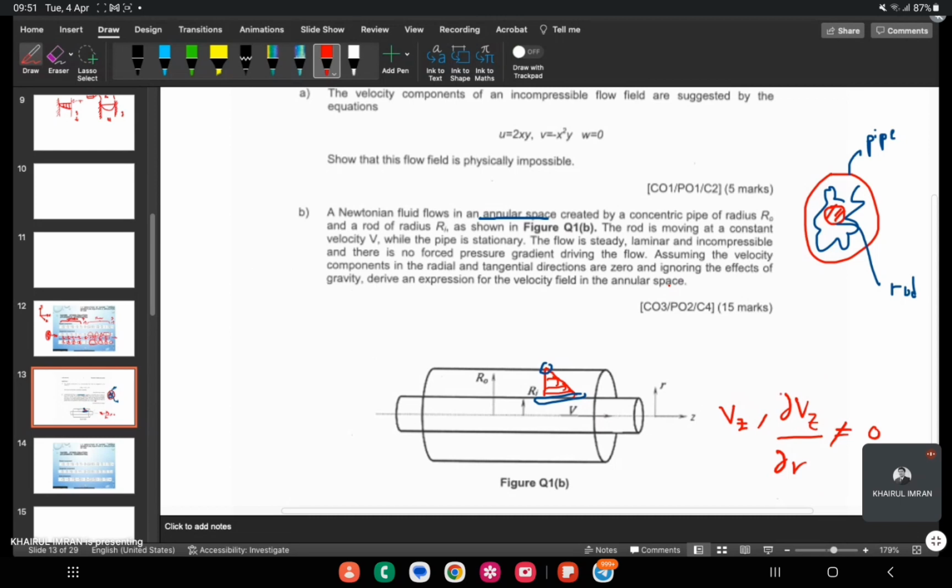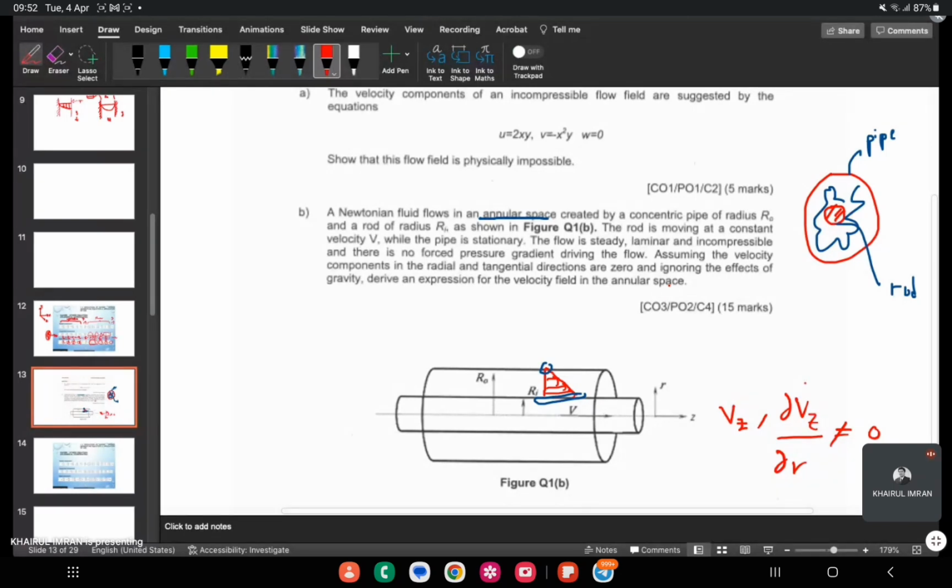Kat sini ada apa? 10, 8, 6, 4, 2, 0. So this 10, 8, 6, 4, 2, 0 ni adalah berubah velocity, arah R direction. So that's why del Vz over del R is not equals to 0. Okay.